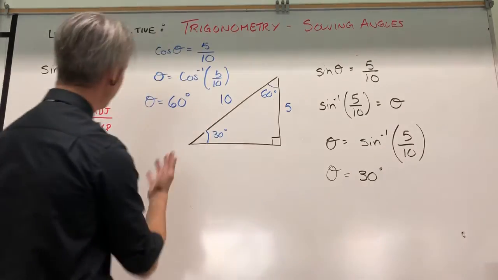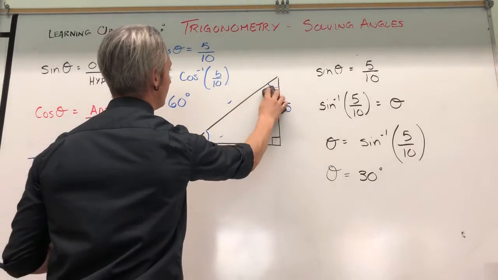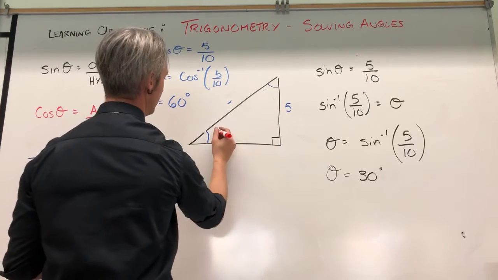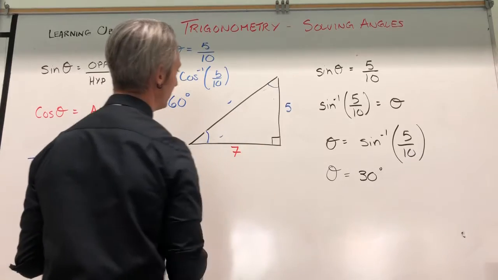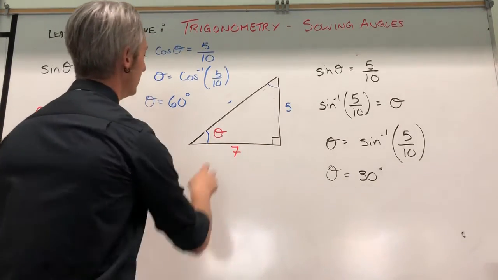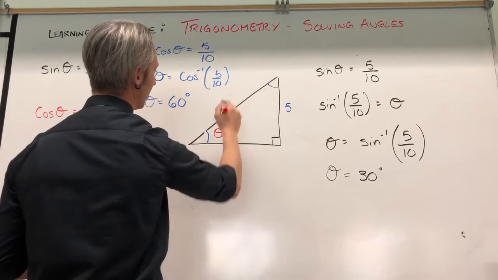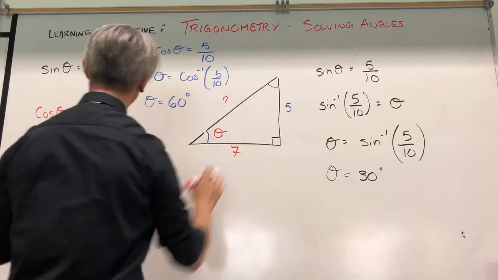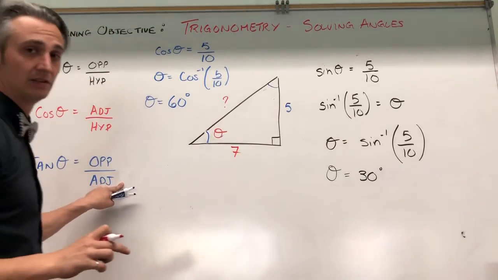And then the last situation we could work with was, say I had this side, and I knew this side was 7, and that side was 5, and it was asking me for this angle here. Well, this angle has an opposite side and an adjacent side, but I don't know the hypotenuse length. So I look here, tan has my opposite and my adjacent.